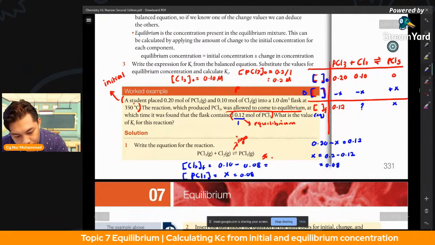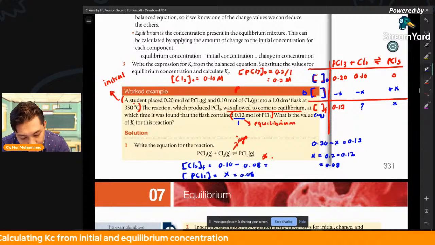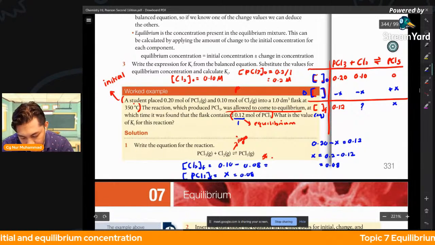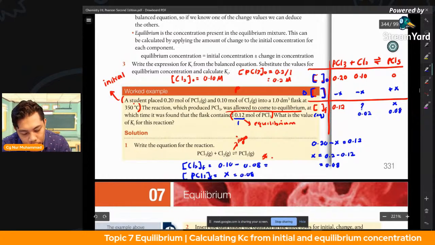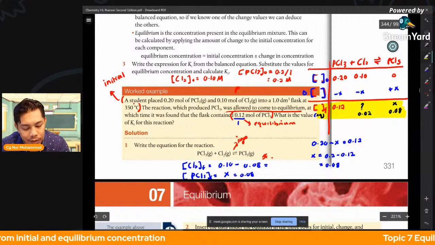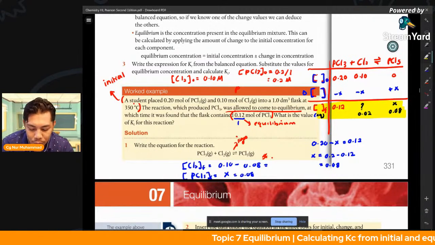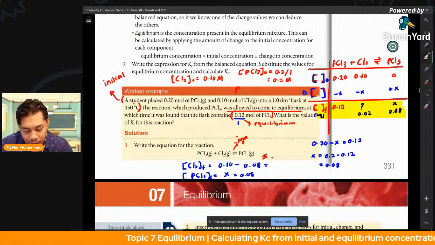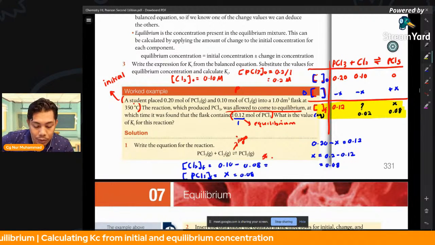Okay, so kita list lah dekat sini. The Cl2 berapa? Okay, this one is 0.02. X ni adalah 0.08. Okay kelas, so inilah dia concentration at equilibrium. Ingat ni, this is a method that we can use to calculate final concentration if you are given initial concentration.